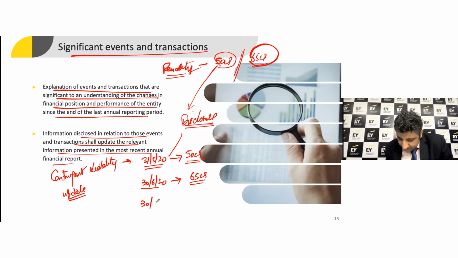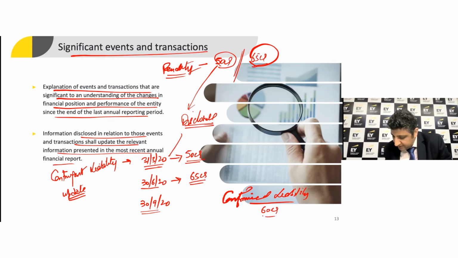Say, for the sake of argument, for the quarter ended 30th of September 20, this is becoming a confirmed liability of, let's say, 60 crore rupees, just a number, it doesn't matter what the number is.